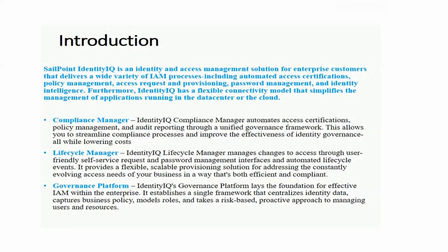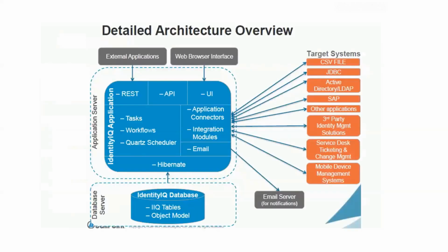Yeah, continue. So coming on to the identity and access management architecture. If you talk about the architecture level, three major things are required to describe SailPoint: one is the application server, one is the database server, and one is the SailPoint application.